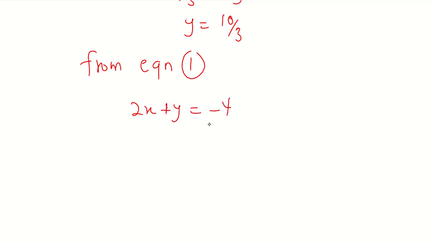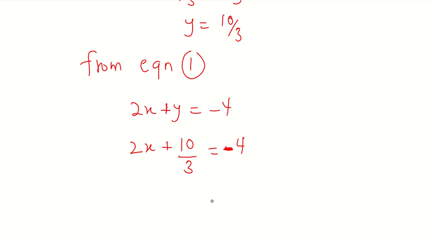So now if y is equal to 10 out of 3, then our x value is going to be simplified as such, minus 4. So we have minus 4 here.